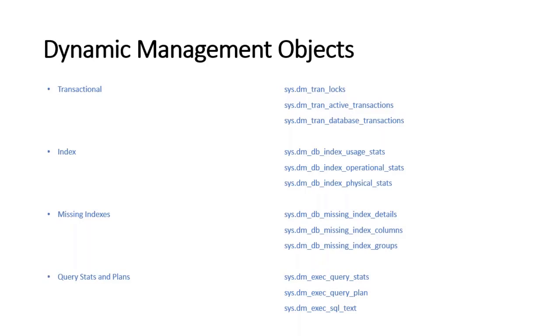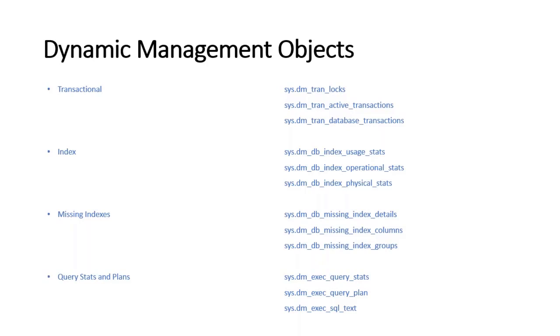For example, there are these DMOs, dynamic management objects. We have views and functions, right? In this slide, I try to just summarize a few of them, related to a specific area. For example, transactional, index, missing index, and query statistics and plan.